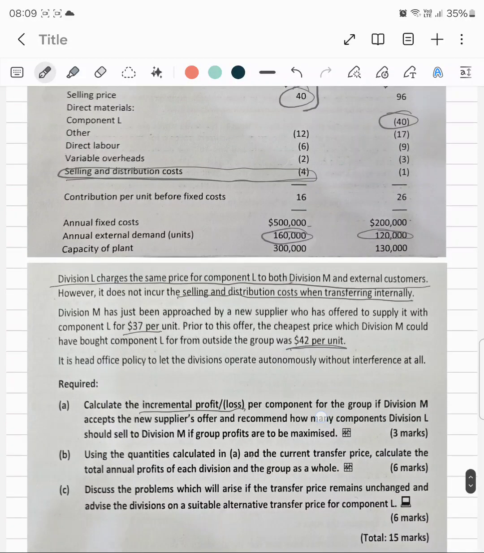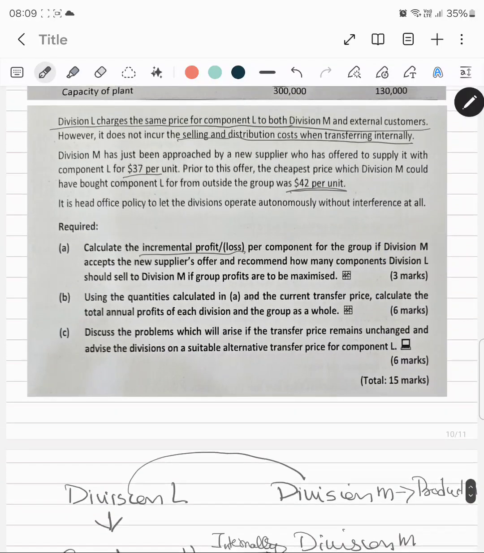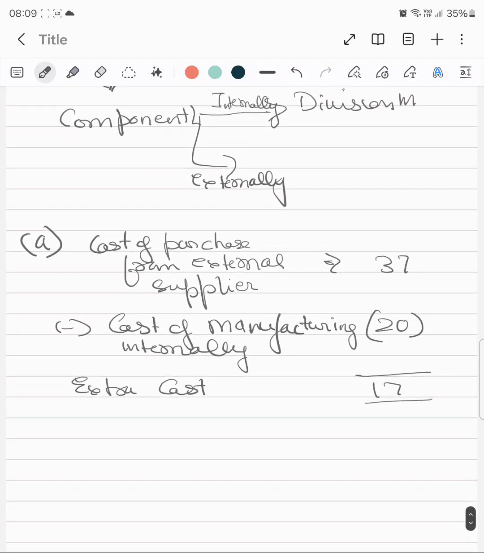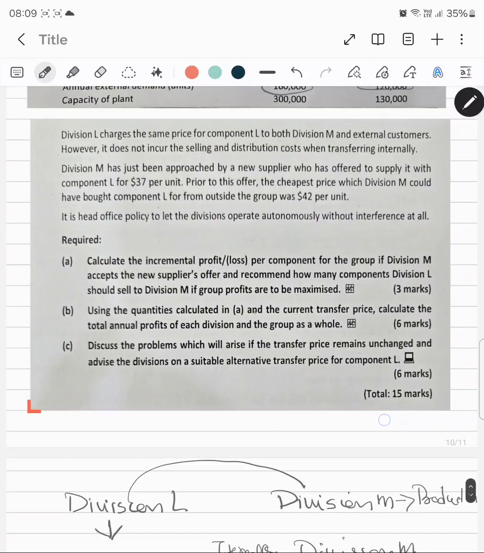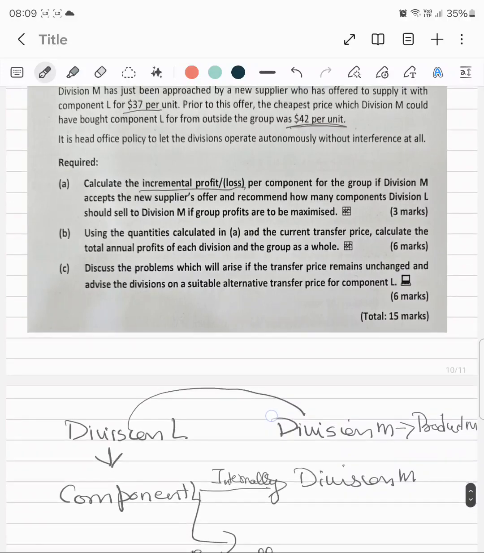But out of this, how much internal transfer was being done? I think this will not be relevant. The external units in demand are 1,20,000. So for all 1,20,000 units, $17 would have to be borne extra. So this is the answer to the first part.